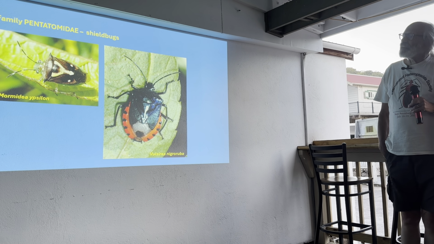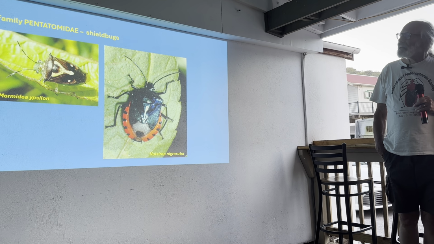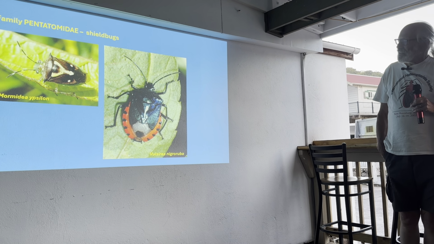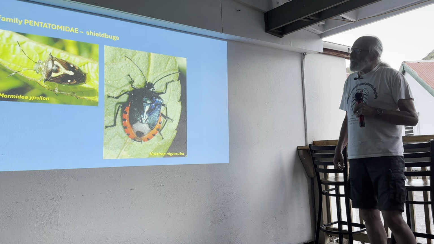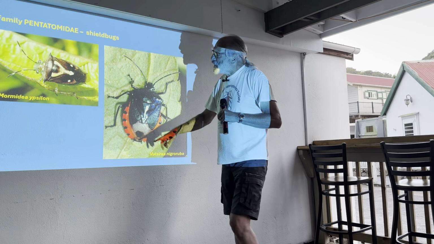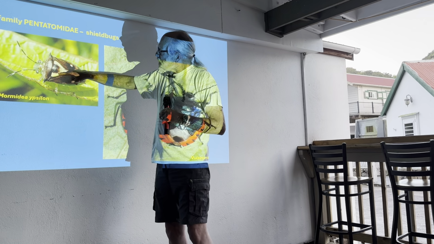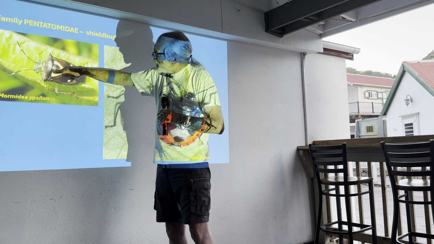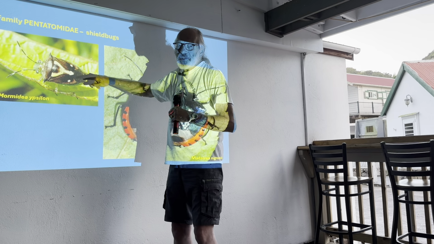The largest family presented here on the island are the Pentatomidae, or shield bugs, and they can be beautifully colored. The names are sometimes obvious because this one is called Epsilon because it has a very bright, light yellowish white epsilon on the scutellum.